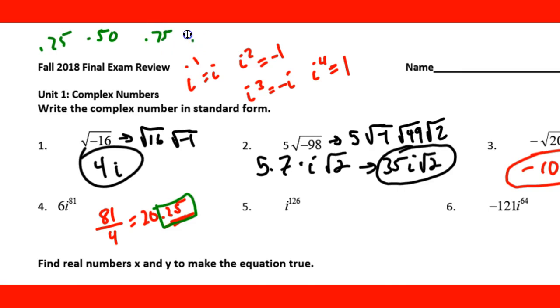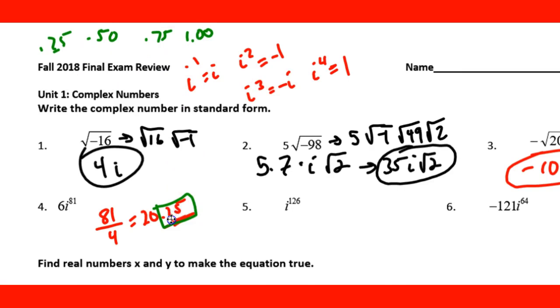And then a whole $1 is 4 quarters. So they correspond with these 1, 2, 3, 4.